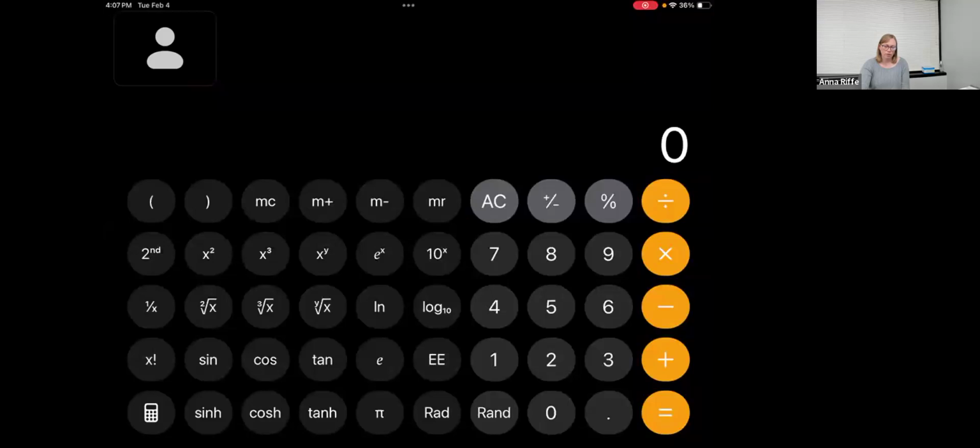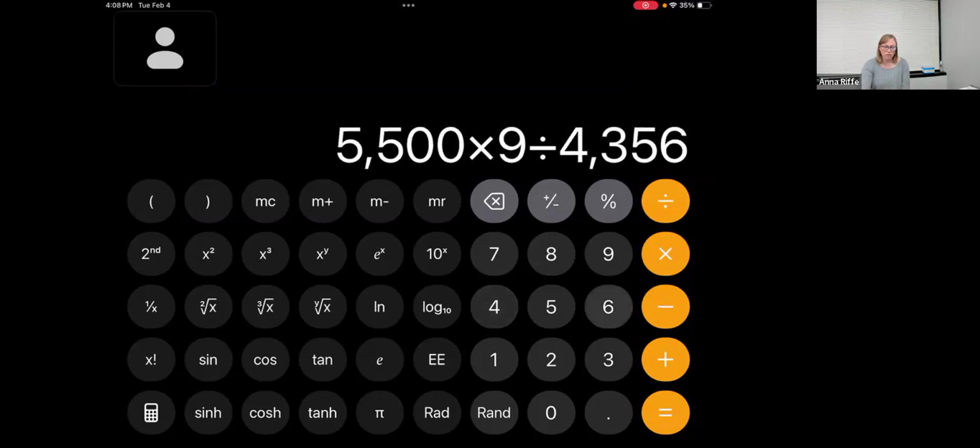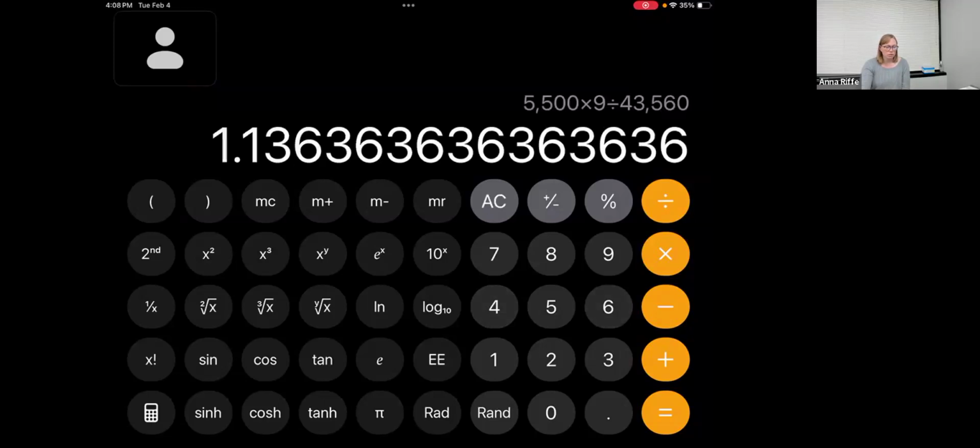I can take 5,500 times 9 divided by 43,560. So that gives me 1.1363, etc. We're going to round to 2 decimal places.